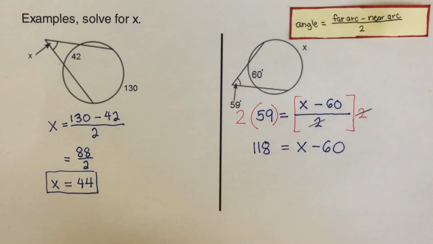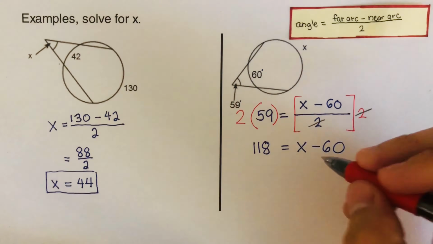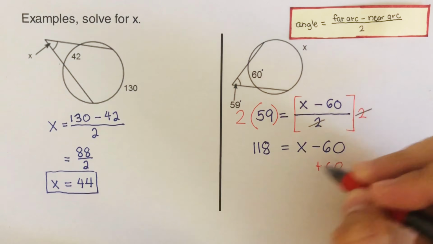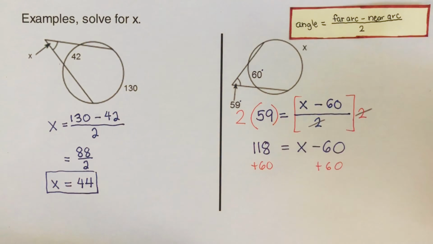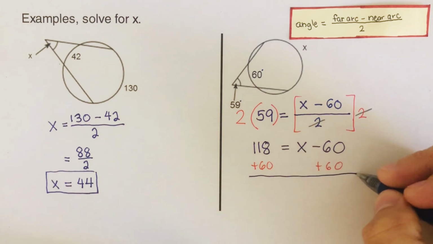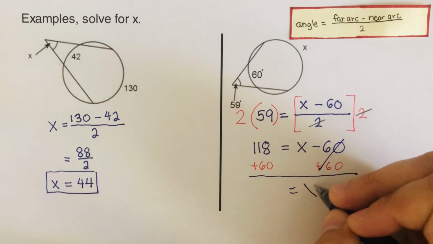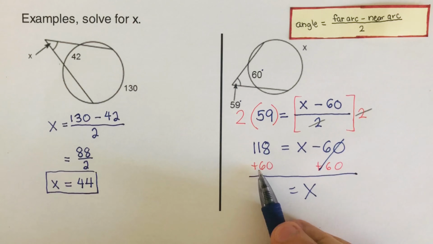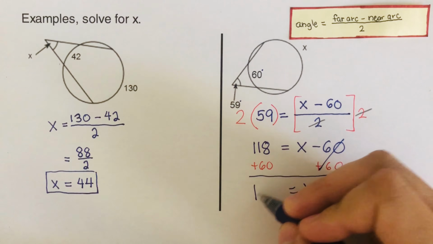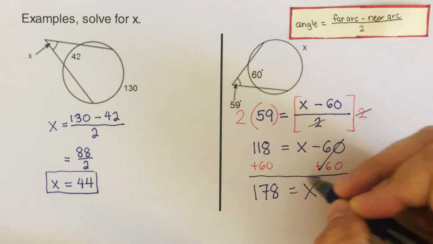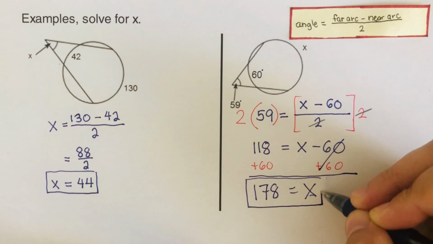From here, we can solve for x by adding 60 to both sides. So we can cross the 60 out, and we're left with x equal to 118 plus 60, which is 178. So this is the measure of the far arc.